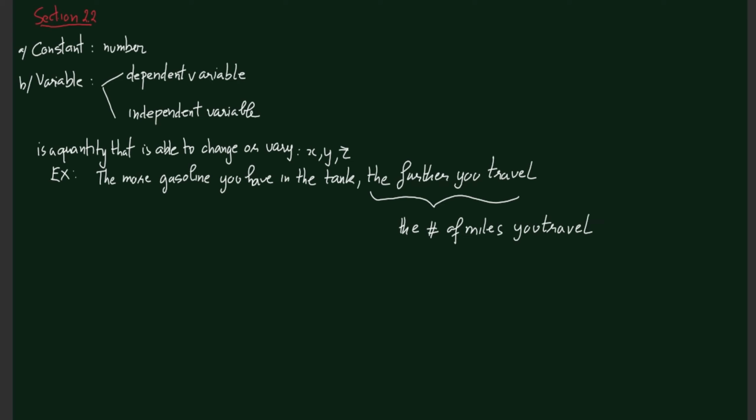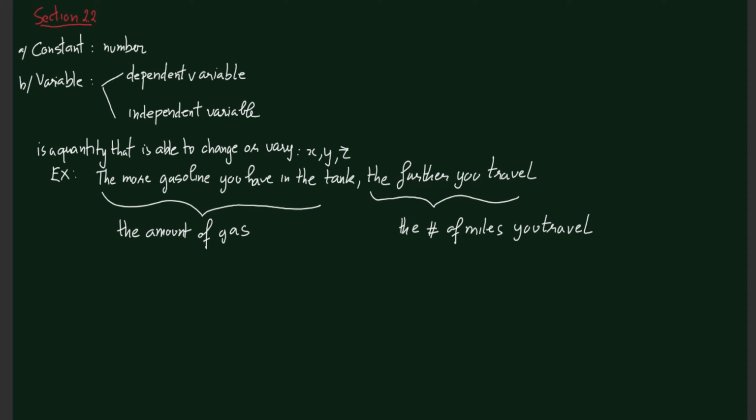So we've got to see which one. Over here we have two variables. We have the amount of gasoline, I'm sorry, the amount of gas. And over here is the number of miles. So these are the two variables here.